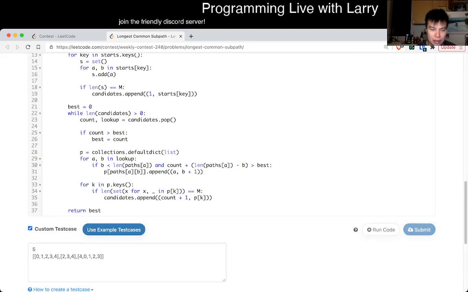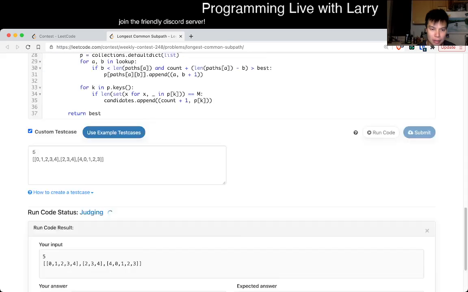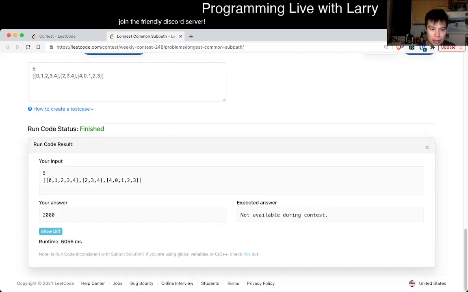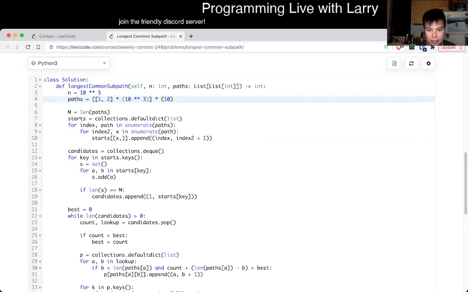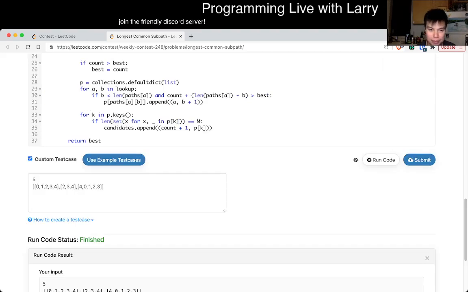Even 10 of these is too slow. That's a little bit sad, actually. Okay, well, maybe it's not too slow, but it's a little bit. I mean, it is too slow, even with the pruning.